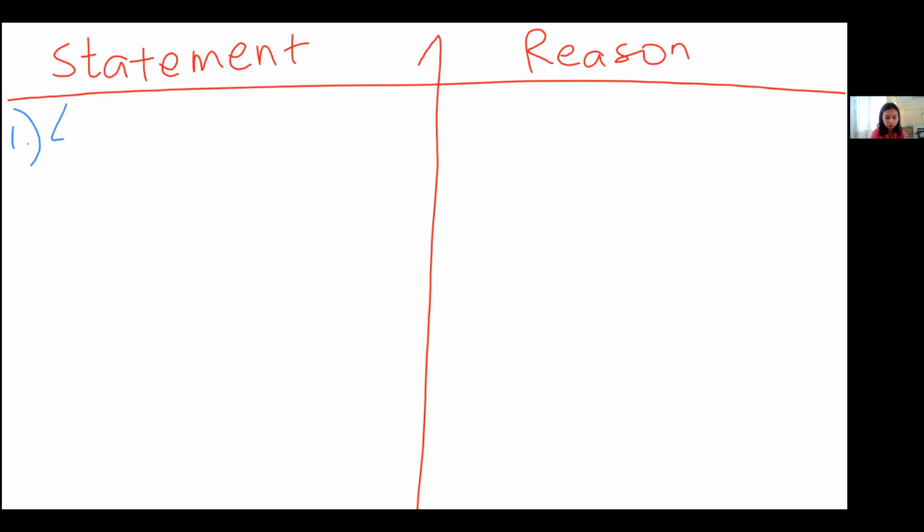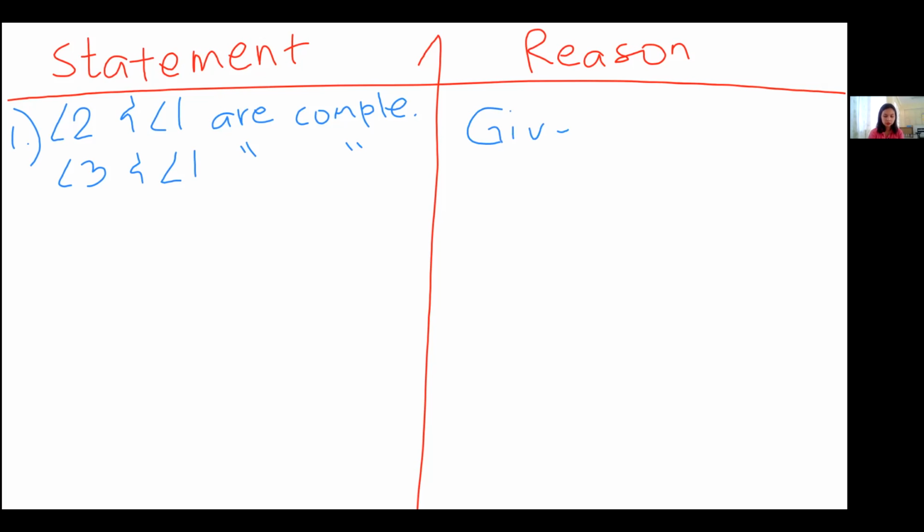Angle 2 and angle 1 are complementary. Paiksiin ko na lang siya. Angle 3 and angle 1. Pag gusto nyo pong paiksiin yung angle, ganyan na lang siya ha, para siyang L na nakaslant. Are complementary. So, ito ay given. They are both given.